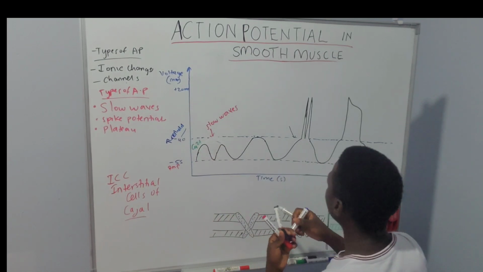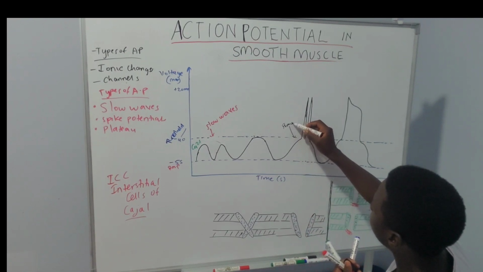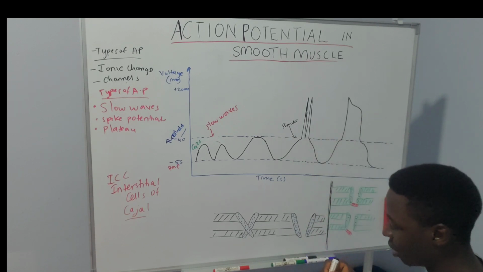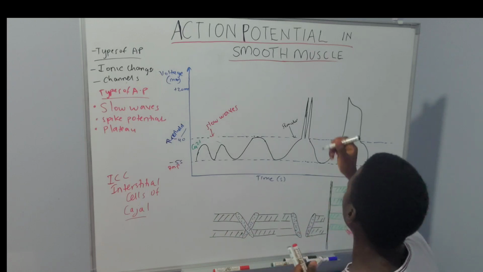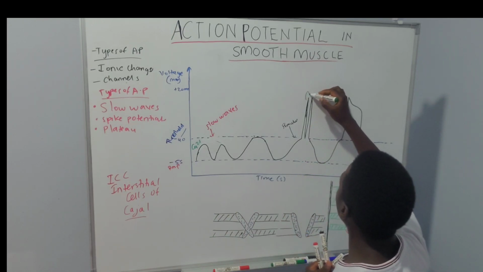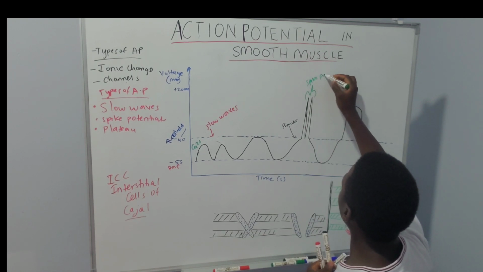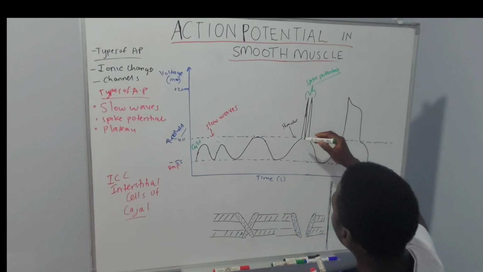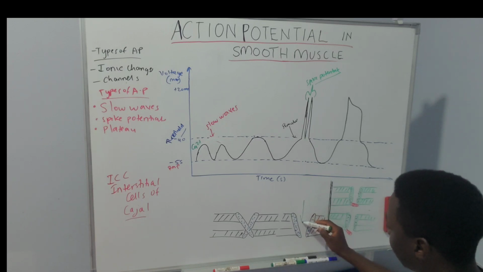So when this membrane potential reaches the threshold in the presence of an appropriate stimulus, this produces another type of potential, which we call the spike potentials. These spike potentials are basically due to the opening of the calcium channels.